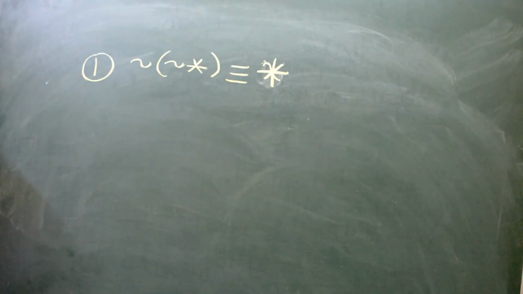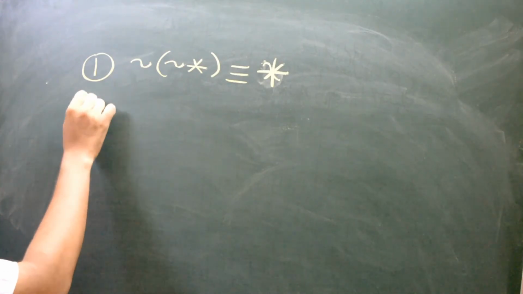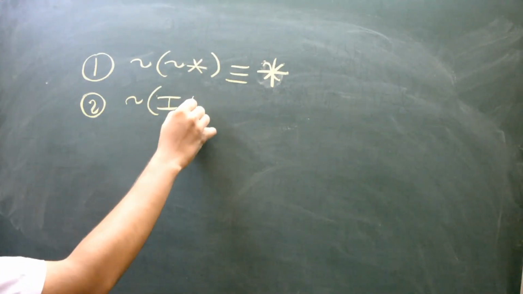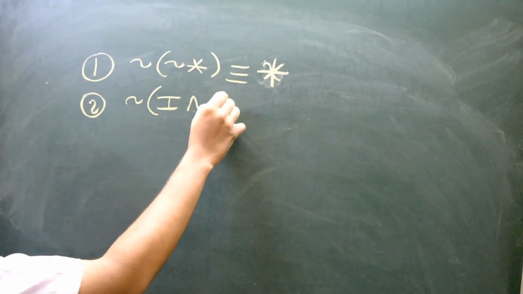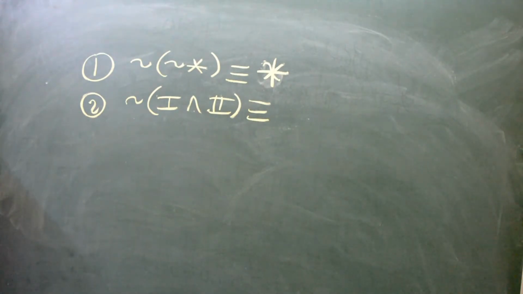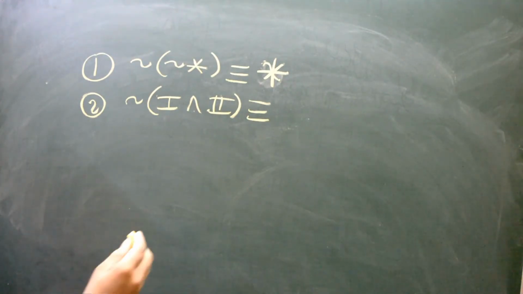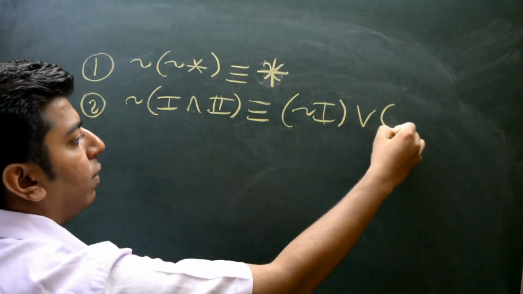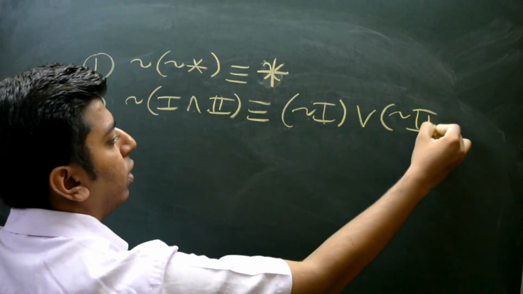The second formula is negation of first conjunction with second is equivalent to negation of first disjunction with negation of second.